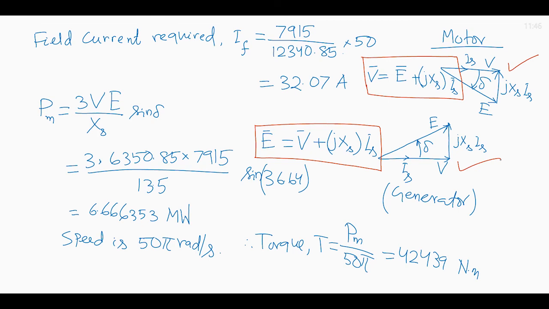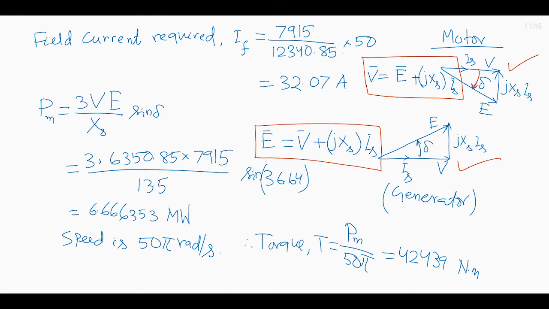For a motor, power is positive. So, this is the positive delta. Delta in this direction is positive. For motor, power is positive and delta is positive. For generator, by sign convention, power is negative.